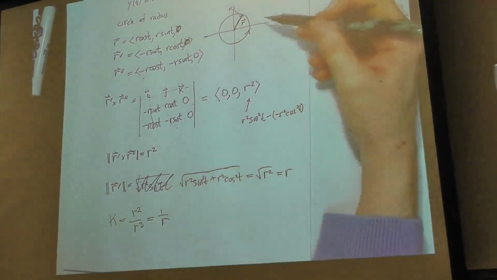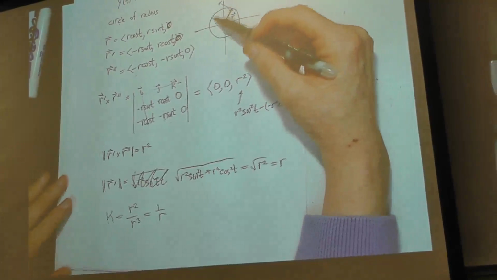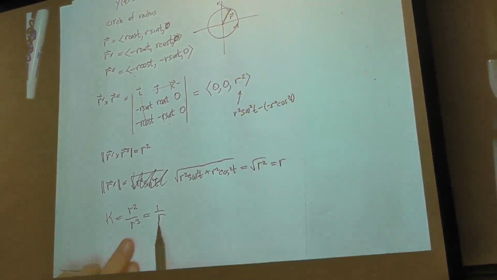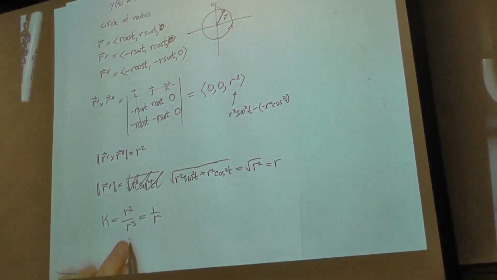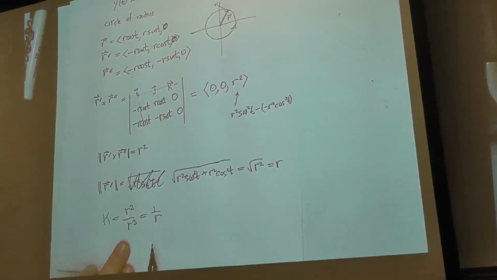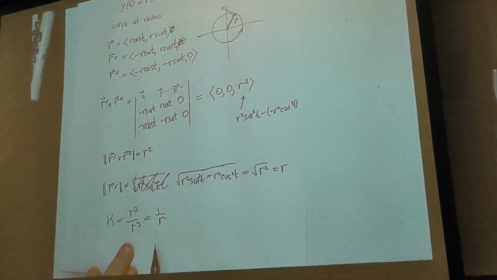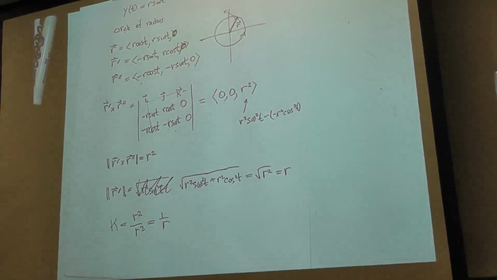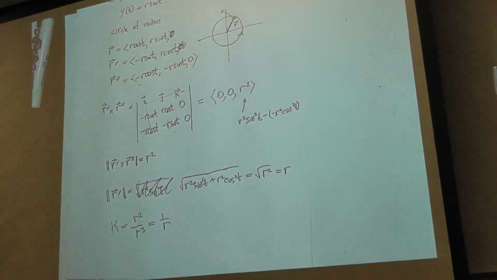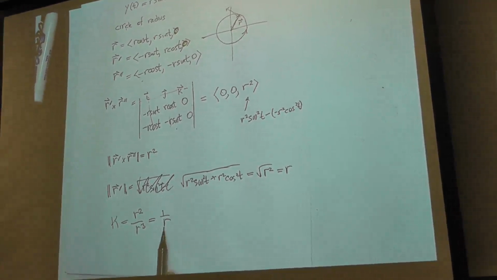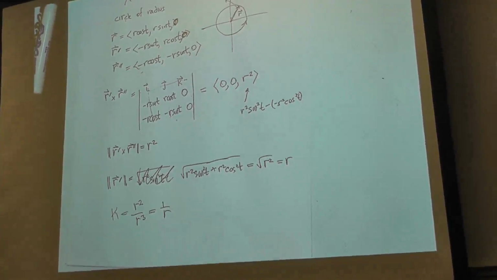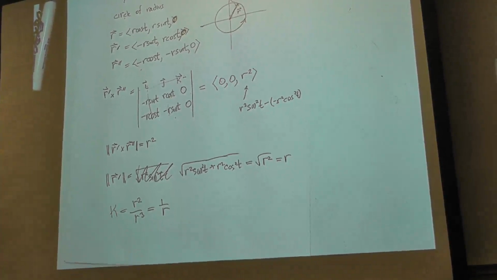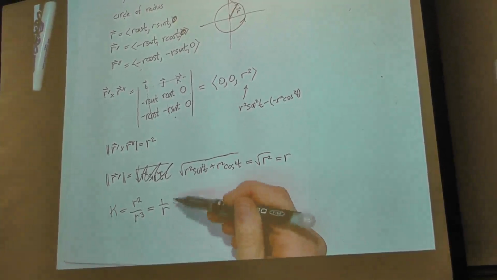It does not matter where we are on this curve of radius r, the curvature is constant. The curvature is the reciprocal of the circle's radius, which does just what you would expect. As r gets big, this goes to 0. As r gets closer to 0, the quotient blows up.